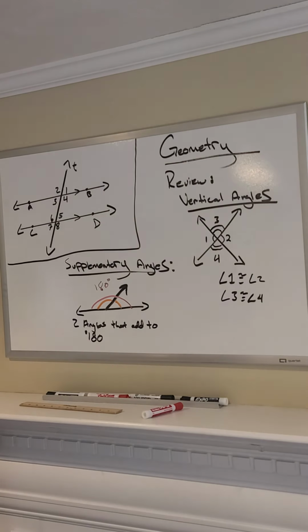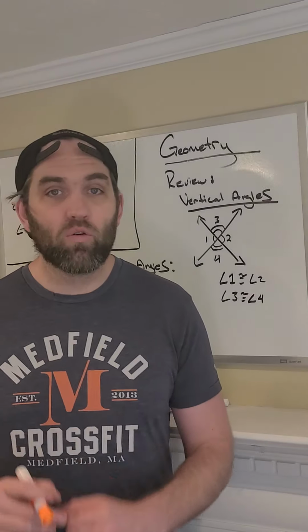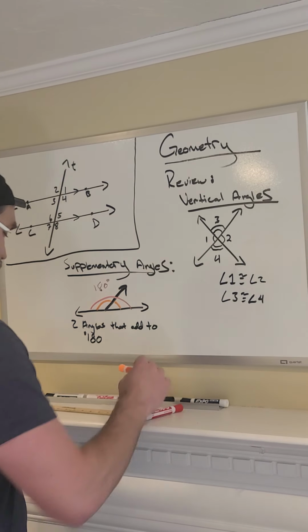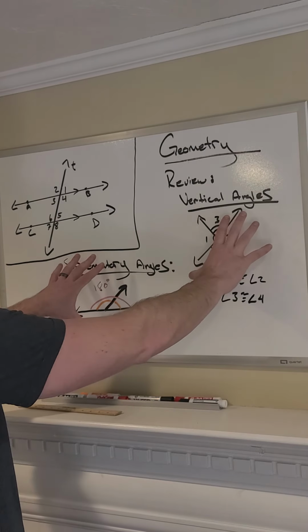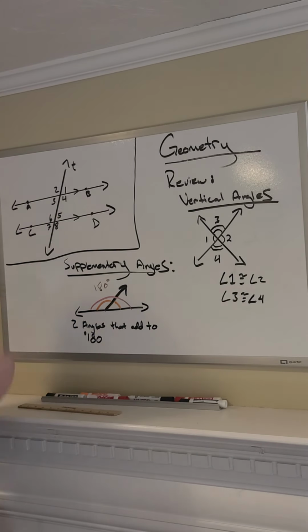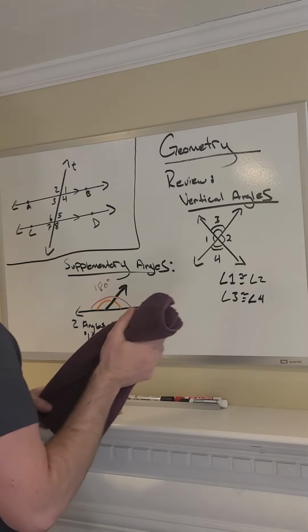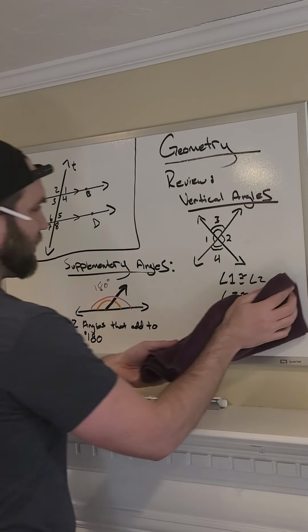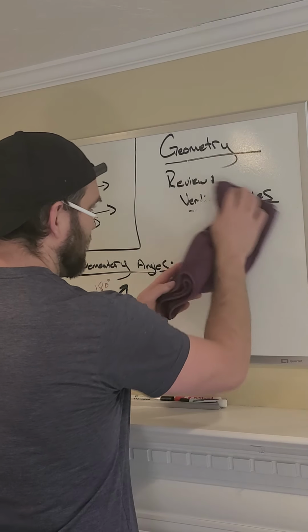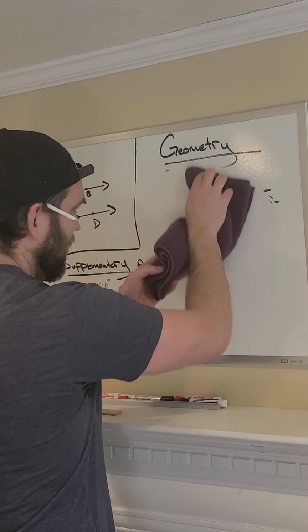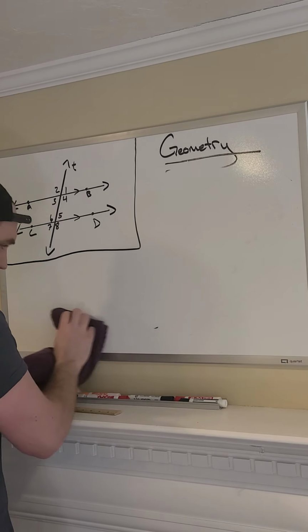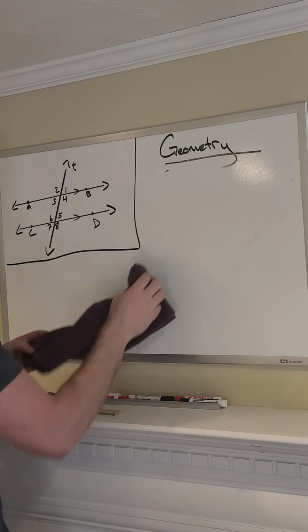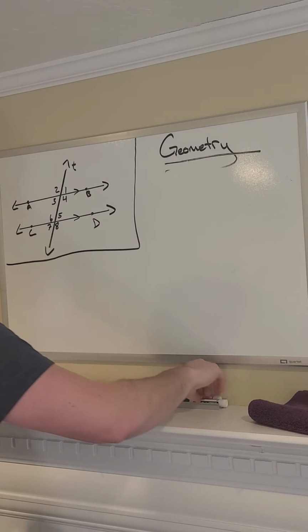Those two angles together give you 180 degrees. So those are two things to keep in mind: vertical angles, angles that are across from one another when two lines cross, and supplementary angles, two angles that add up to 180 degrees.